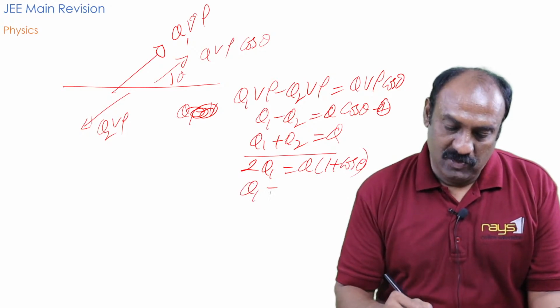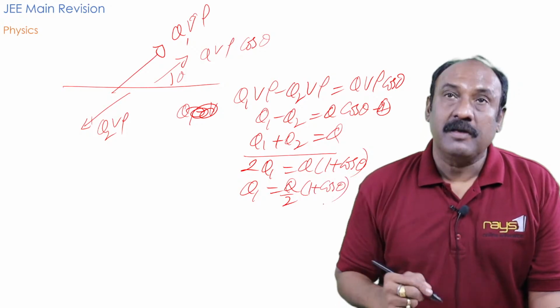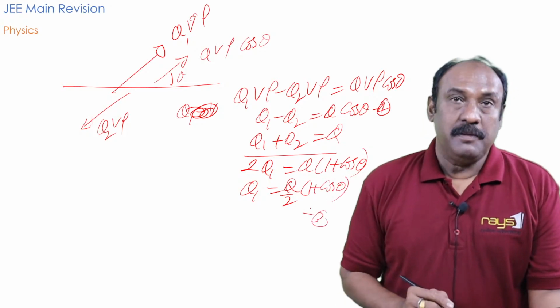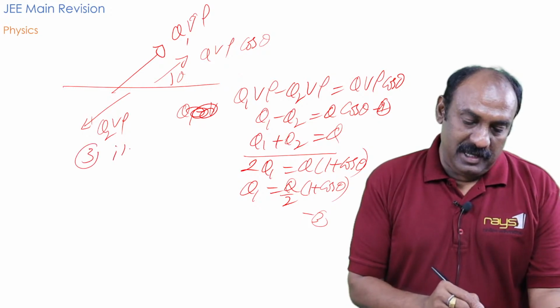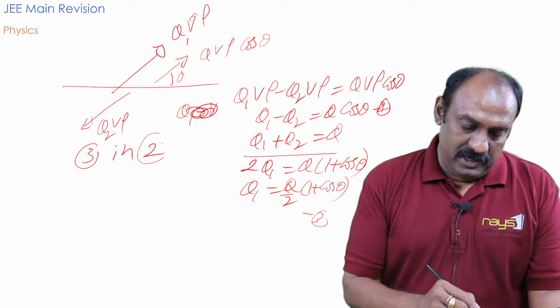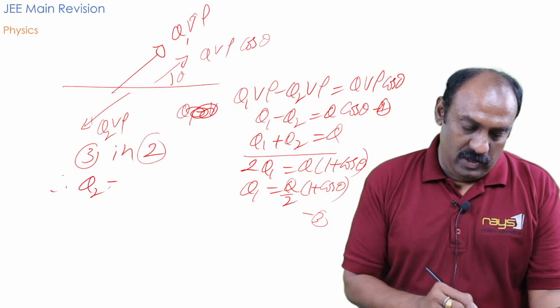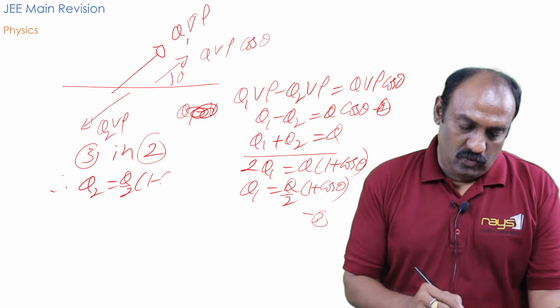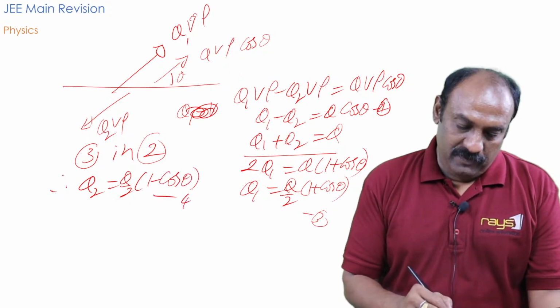So Q1 equals Q by 2 into 1 plus cos theta, equation 3. By substituting equation 3 in either 1 or 2, we get Q2 as Q by 2 into 1 minus cos theta, equation 4.